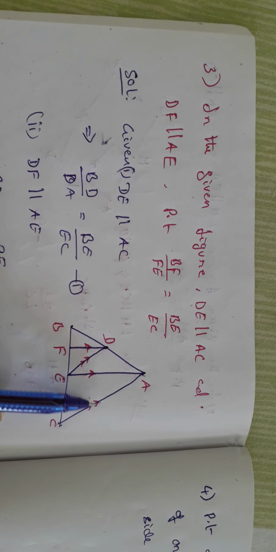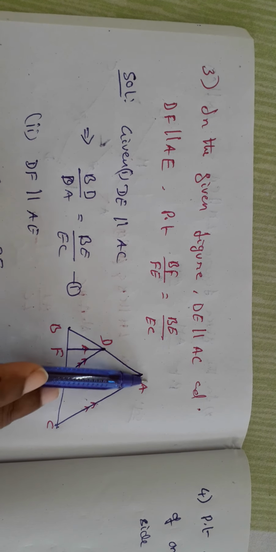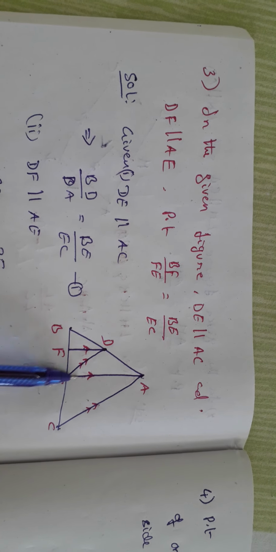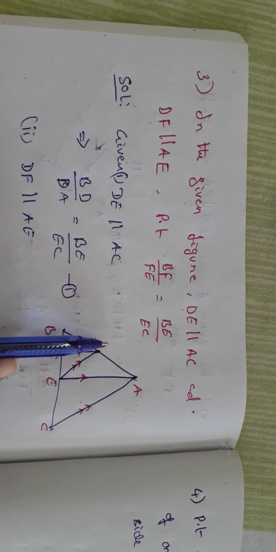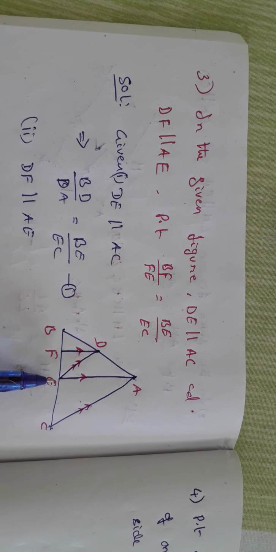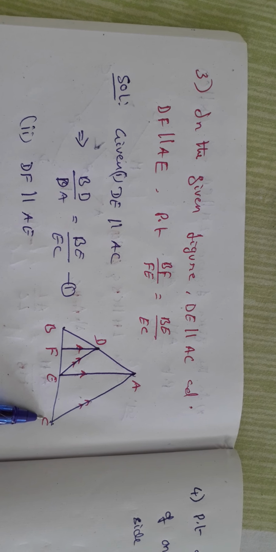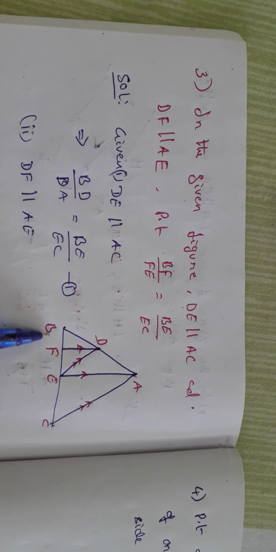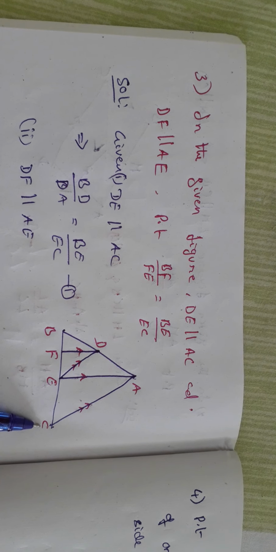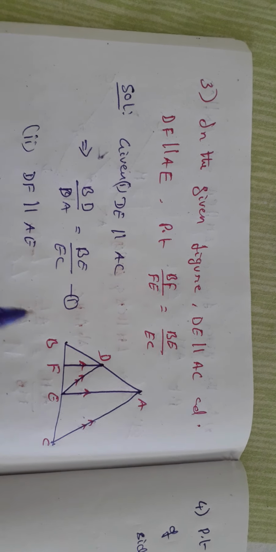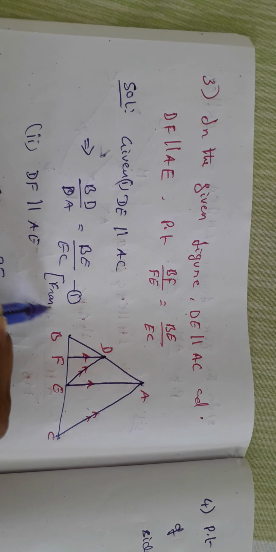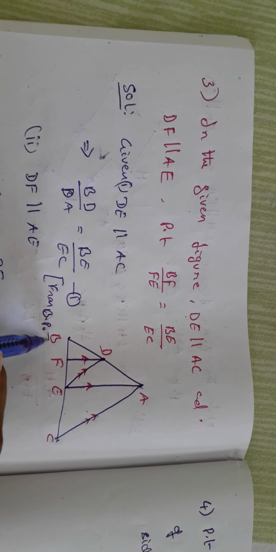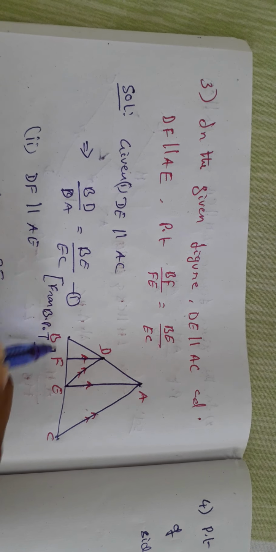Since these two are parallel, we are considering the complete triangle, and this line is dividing the two sides at D and E. So BD by DA is equal to BE by EC, right? That is from the basic proportionality theorem, because these two are parallel. So that is from BPT. Don't forget to write that.